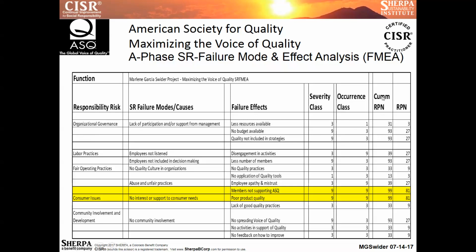It can be cumulative, or it could be by multiplying. For example, for fewer resources available, the group decided that the severity will be at 3, but the occurrence will be very low. So 3 plus 1, when it's cumulative, will be 31.